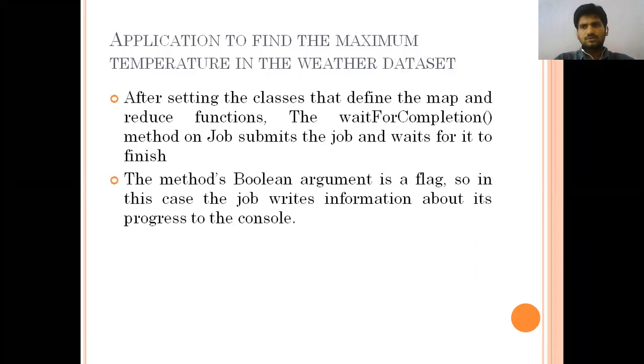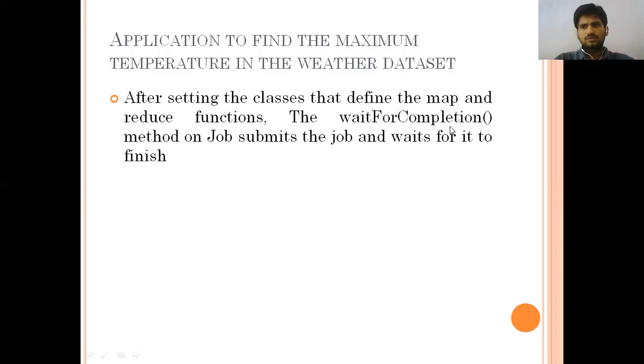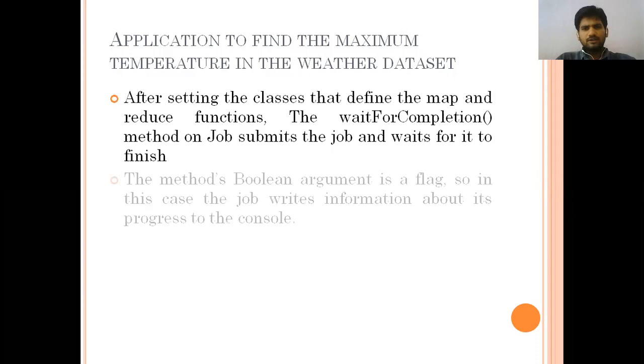In a conditional operator we used wait for completion: if it is true, then 0, else 1. So it will wait until the job is submitted, and later it is going to finish. Okay, so that is after setting all the classes.